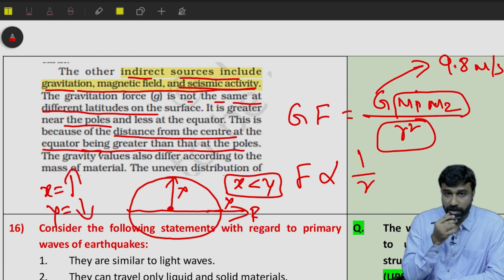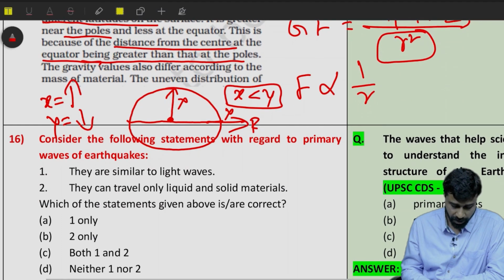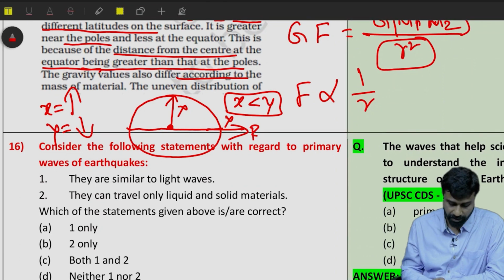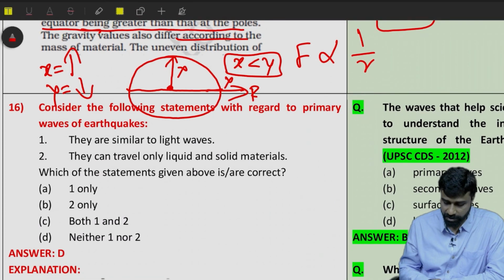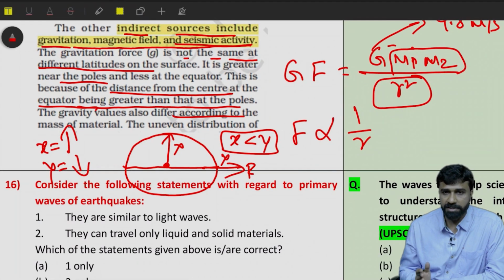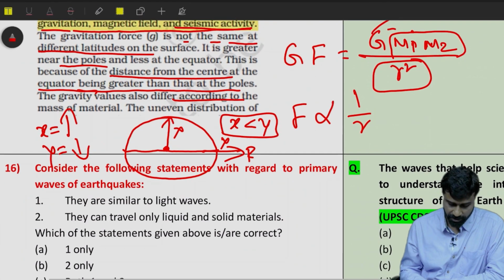So at the equator you witness less gravity compared to the poles. Gravity values also differ according to the mass of the material. That is fine. This is the equation G m1 m2. If the mass is higher, gravity will be higher. If the radius is higher, gravity will be lower, right? This is called an inverse proportionate relationship.